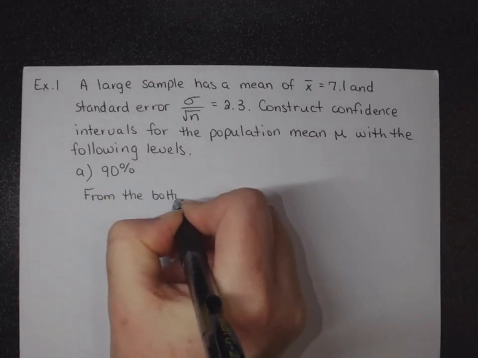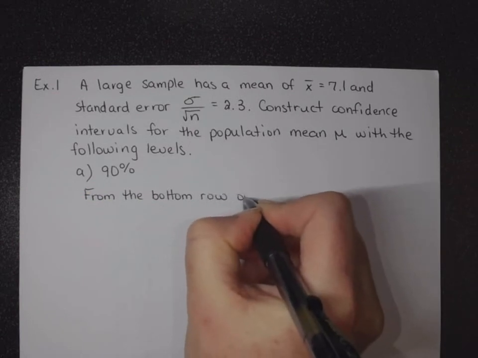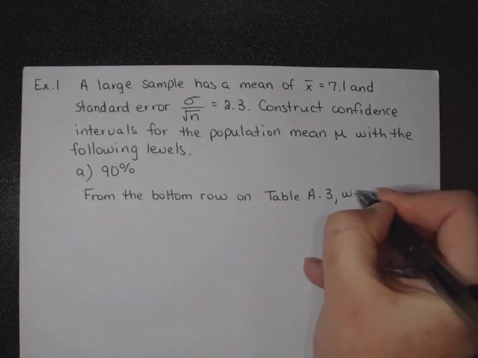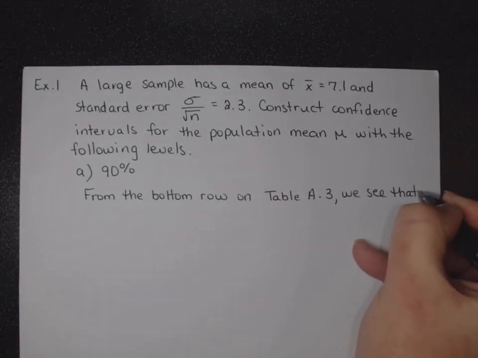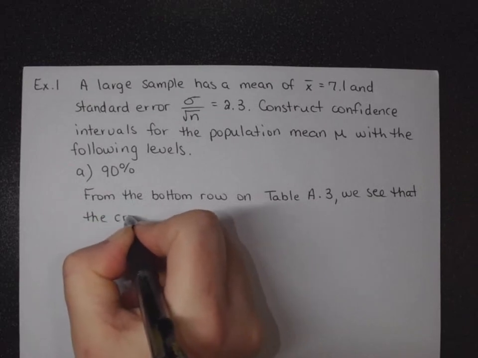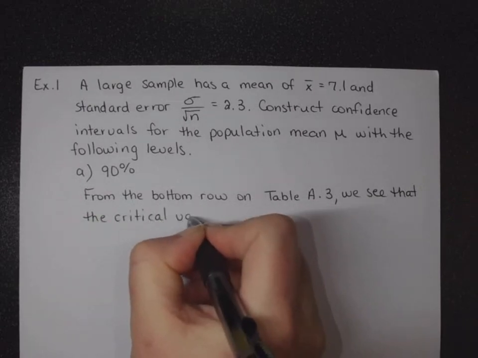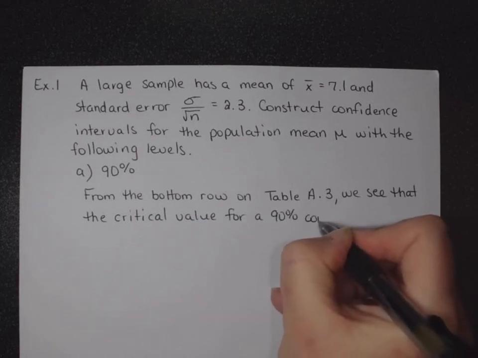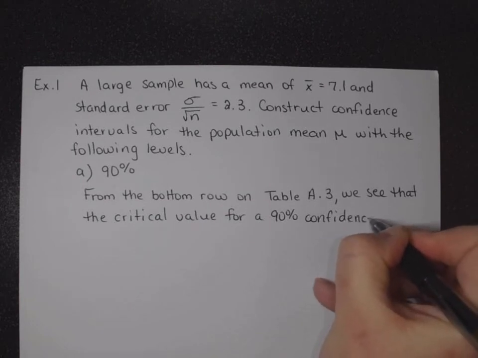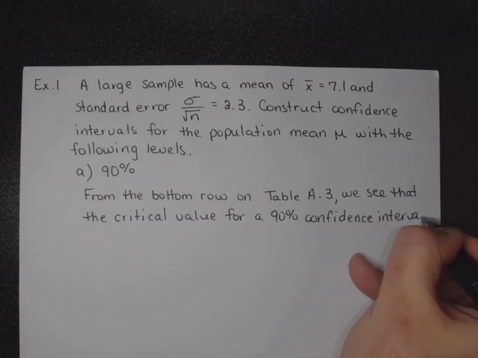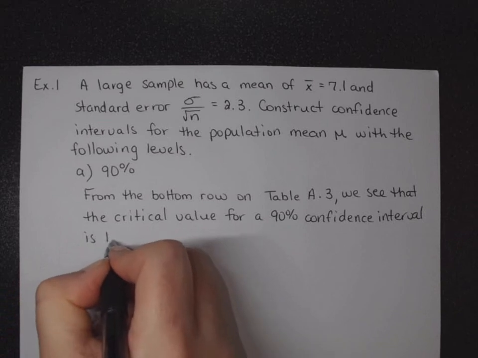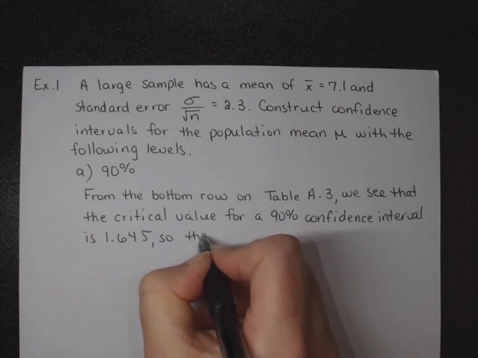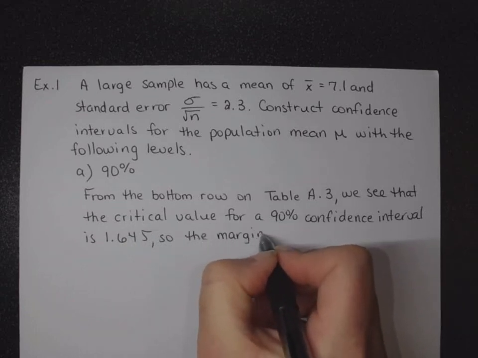But from the bottom row on table A.3, we see that the critical value for a 90% confidence interval, let me look back at the chart. I think it was 1.645.